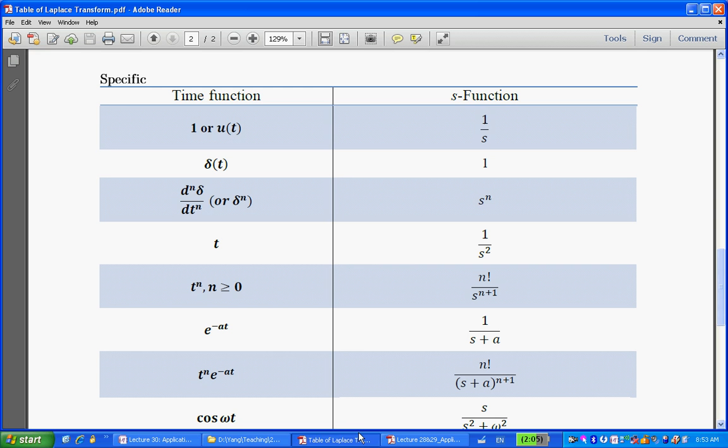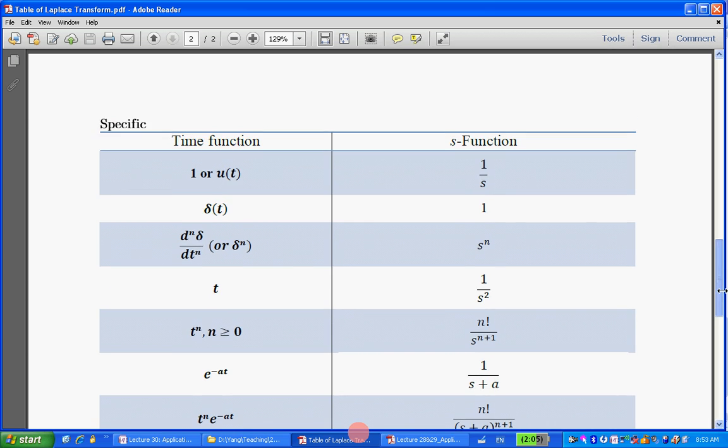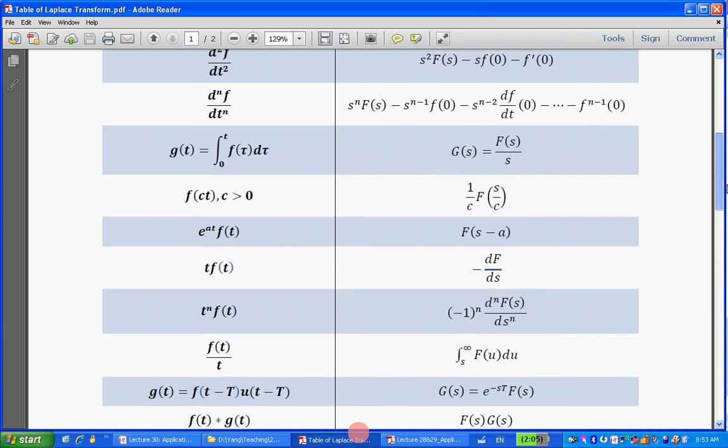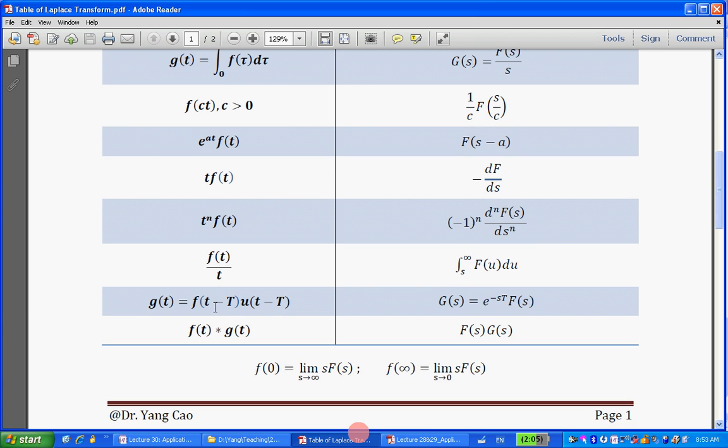So now if you recall, we do have a formula, we have a property here. This is the one here. So when you have a shifted function by an amount T, the corresponding Laplace transform is just multiplied by e to the power of negative s times the amount of the shifting.